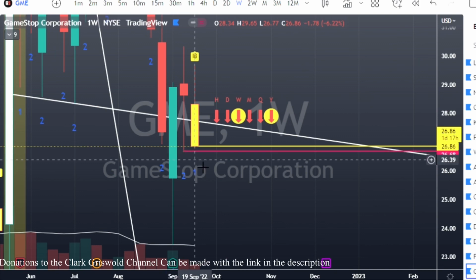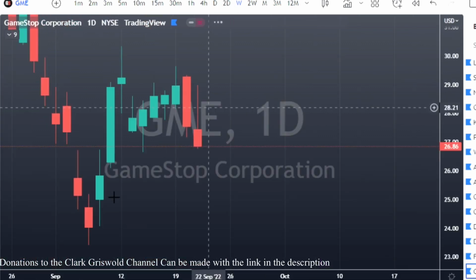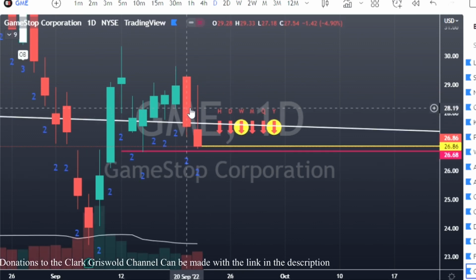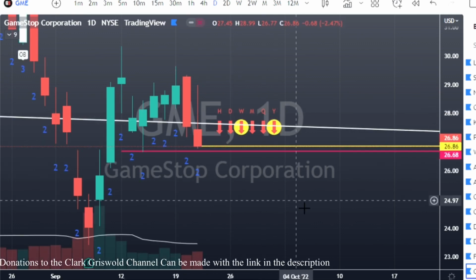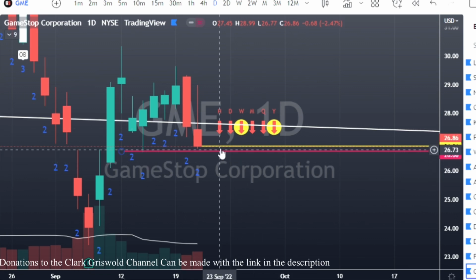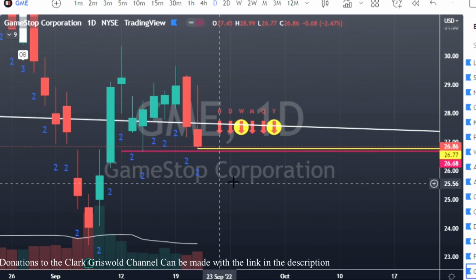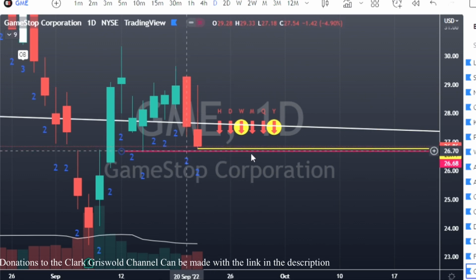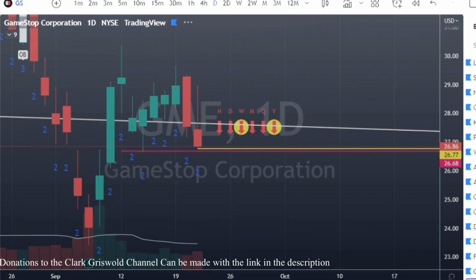There we go. We're about to trigger 2 down on the week. Okay, so if we have this 2-2-2 continuation, then we've got full time frame continuity. We are 2 down red, and we are 2 down red on the week as well. So watch for GME for a continuation.